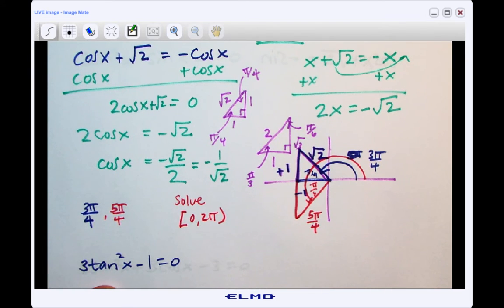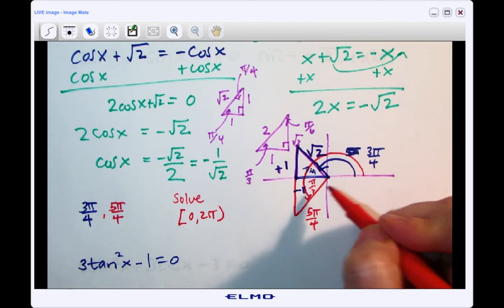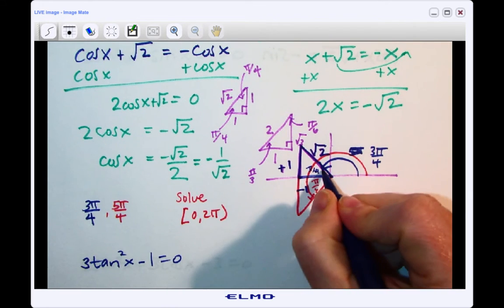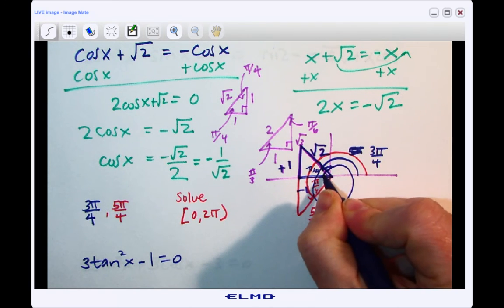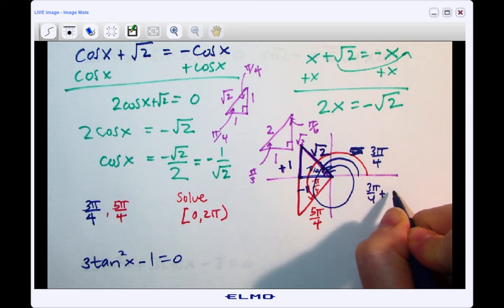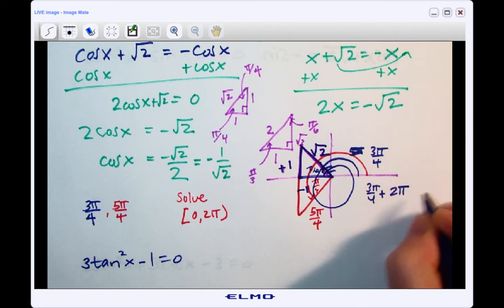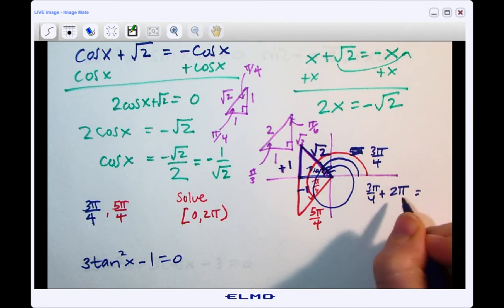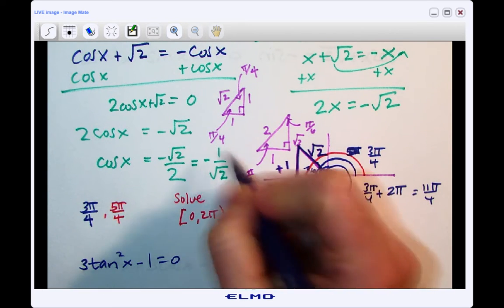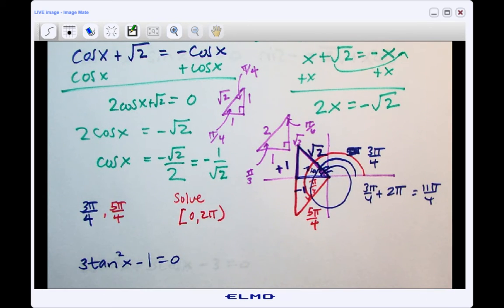But everybody knows that if I just spin around again, and I keep spinning around and come back to here, it would be 3 pi over 4 plus another 2 pi, or in other words, 11 pi over 4, which would also have that same cosine because I can spin around as many times. Any coterminal angle, right, is going to have that same sine or cosine.